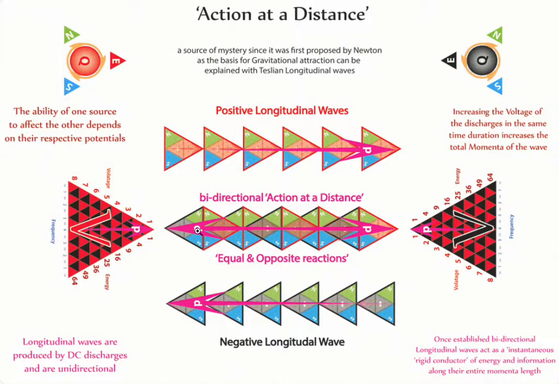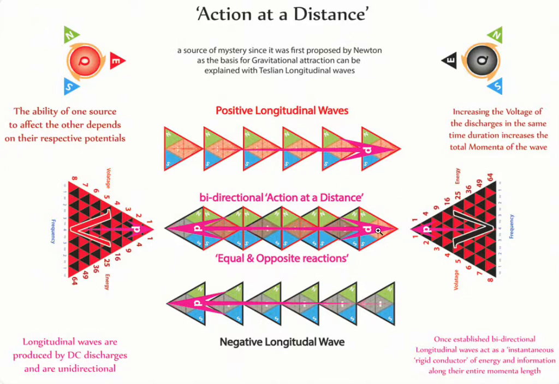Worth of note is the fact that the energy momenta within the longitudinal wave has convergent and divergent momenta. That is to say, the positive charge field will push out positive energy momenta towards the negative, and the negative will push out negative energy momenta towards the positive as they seek equilibrium.